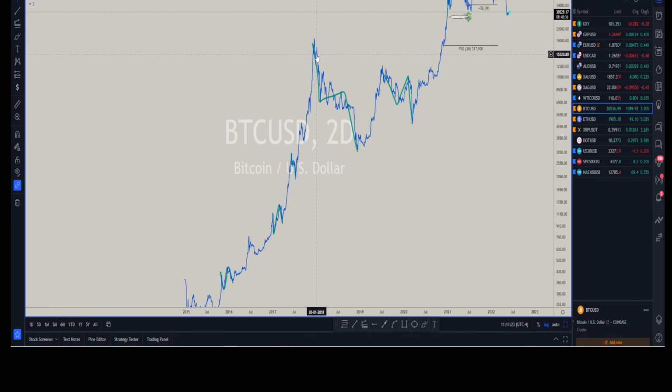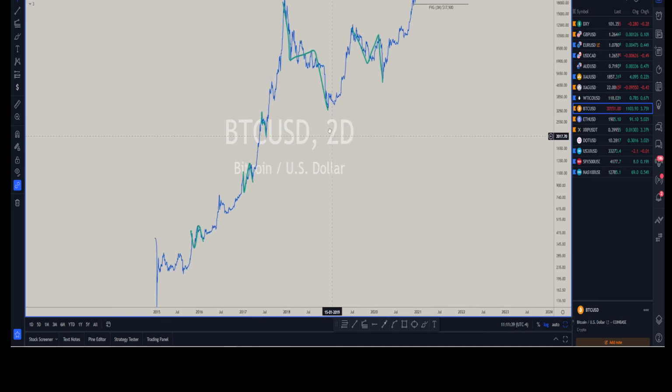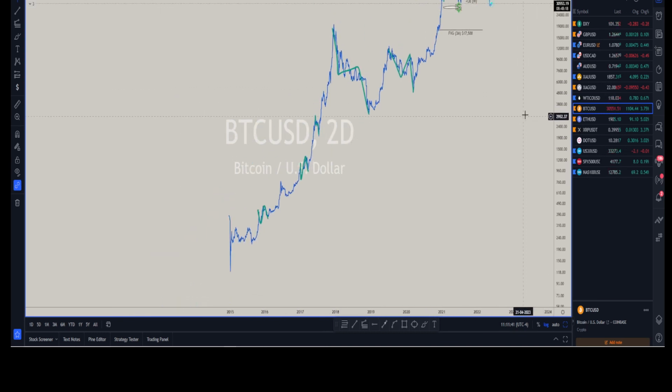Now for this trend to continue its move down, price would love to come and fill this gap up here. How it's gonna go, I don't know. I don't see the future, of the three wave that we're expecting.